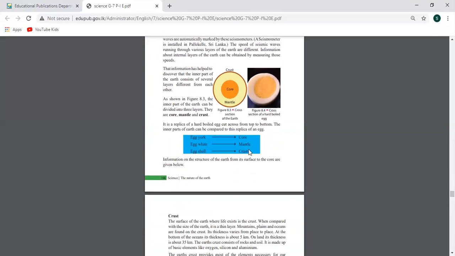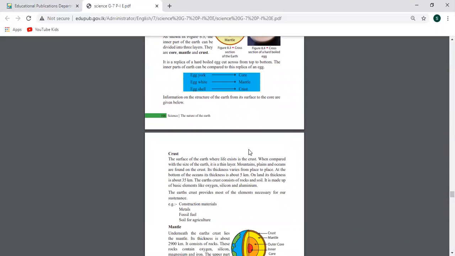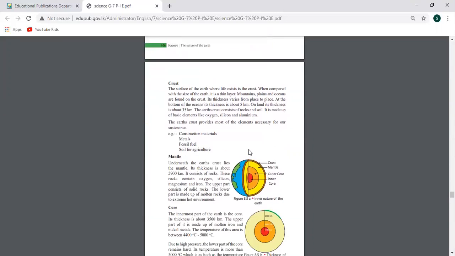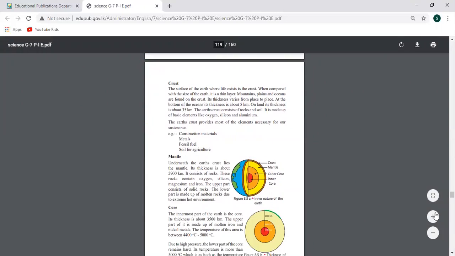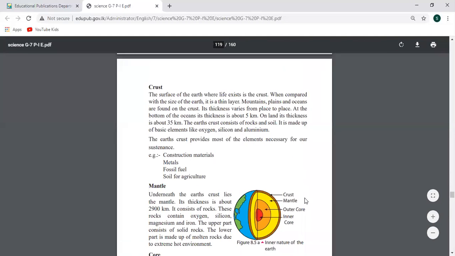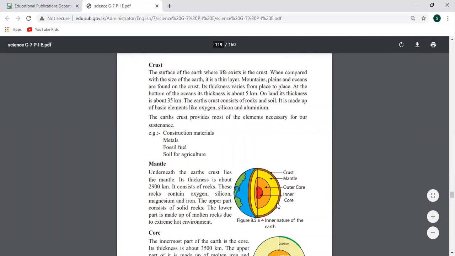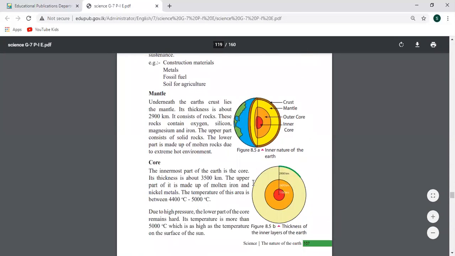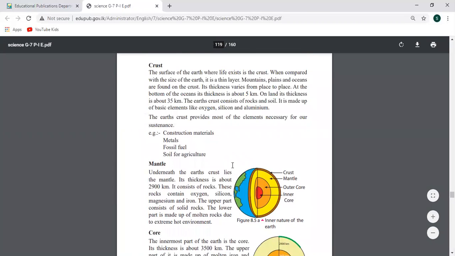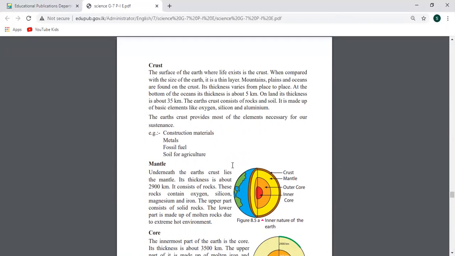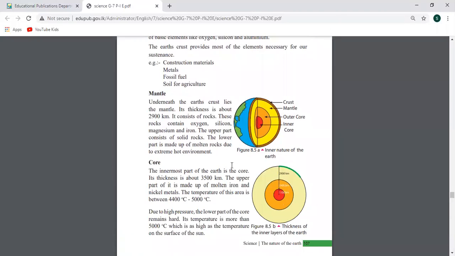The place where we live is the crust, and the mantle is right here. The yellow color part is the mantle, and this is the outer core and this is the inner core. Actually there are four main parts, but we're going to discuss three parts: crust, mantle, and the core. Then the core is divided into two parts called outer core and inner core.